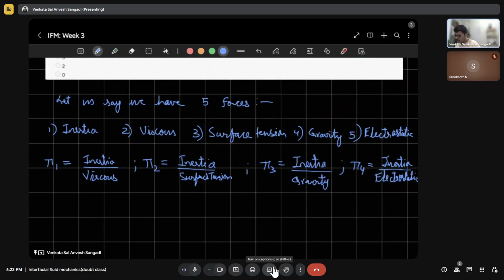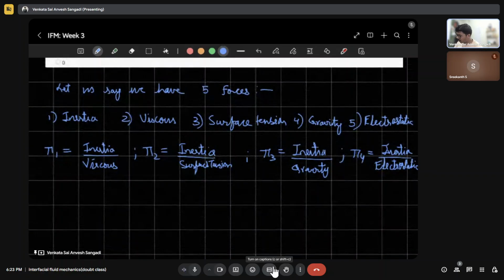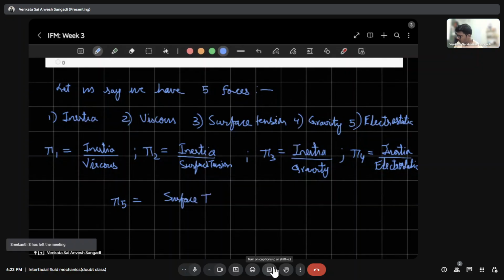Once we have all of these, let's say we try to construct a fifth non-dimensional group, and we want it to be surface tension by viscous.